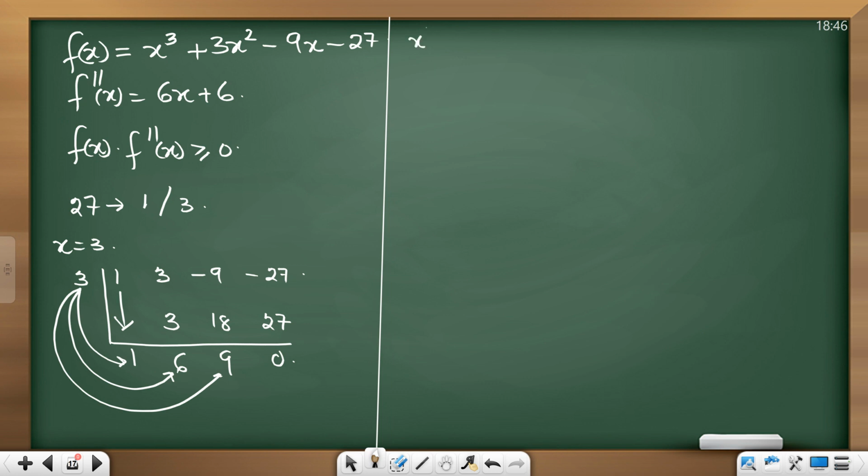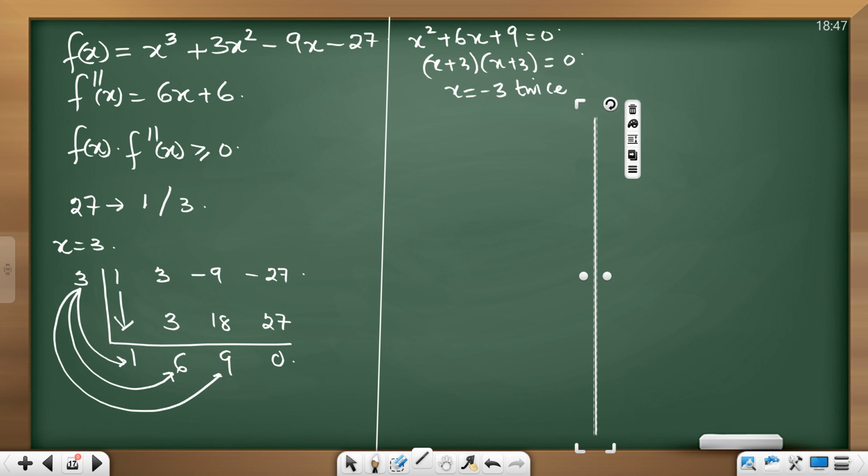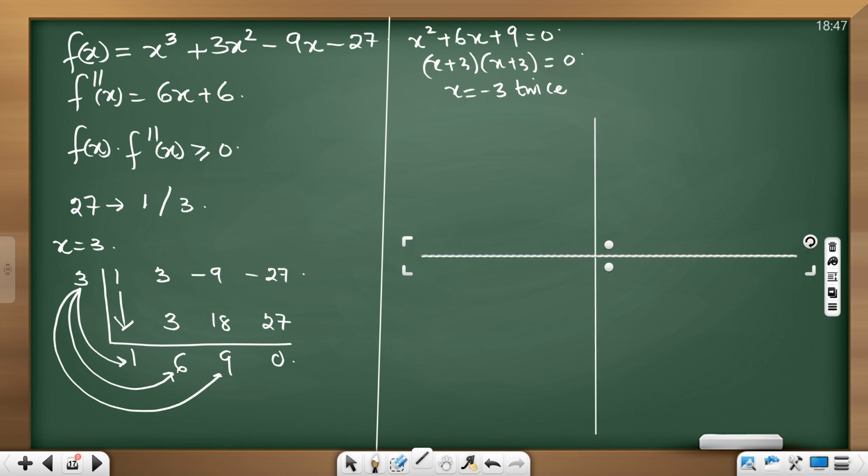So we have x squared plus 6x plus 9 equals to 0. I see x plus 3. X plus 3 equals to 0. So we have x equals to -3 twice. Already I can sketch my graph. What are our x-intercepts?